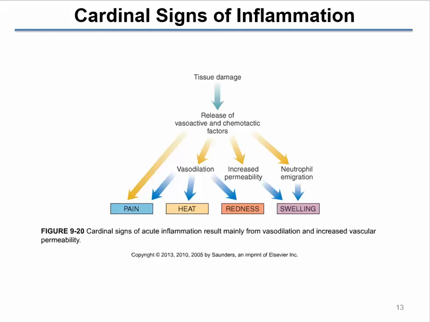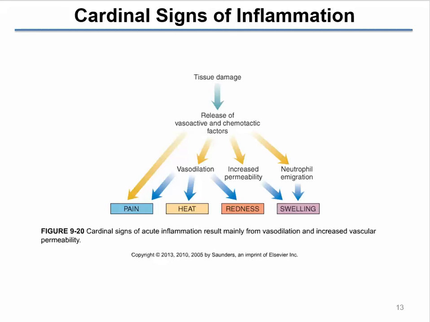So the tissue damage, the factors, the inflammatory chemicals get released. They cause vasodilation. Vasodilation causes redness and heat because blood is red and hot. Right? The vasodilation brings more blood to the area, and that, coupled with increased permeability, causes swelling.